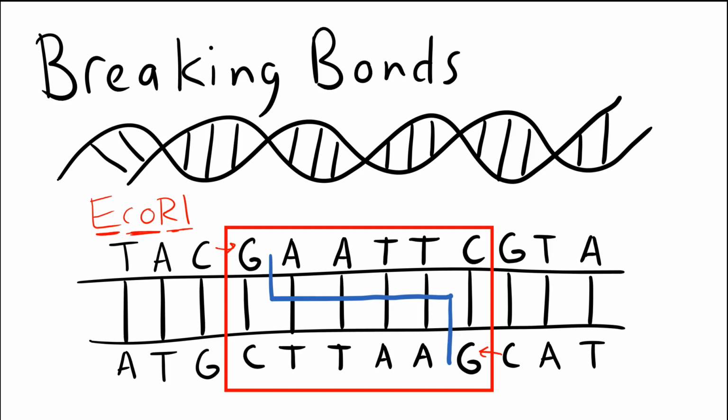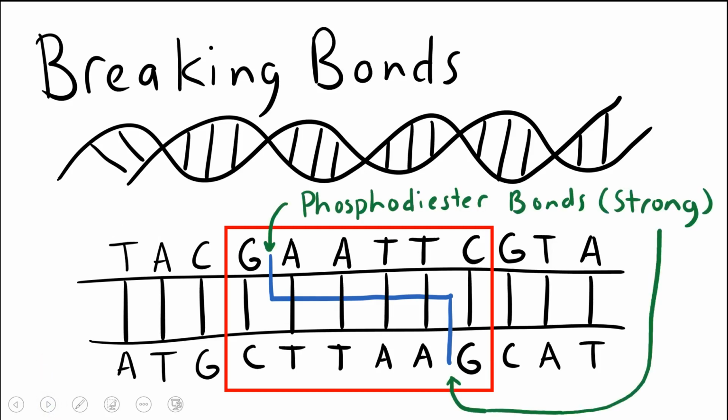Okay, so that's a palindromic sequence specific to EcoR1. The enzyme catalyzes the breaking of the phosphodiester bonds in the sugar phosphate backbone of the DNA molecule. So you can see that phosphodiester bond right here being broken by EcoR1 and right here being broken by EcoR1.